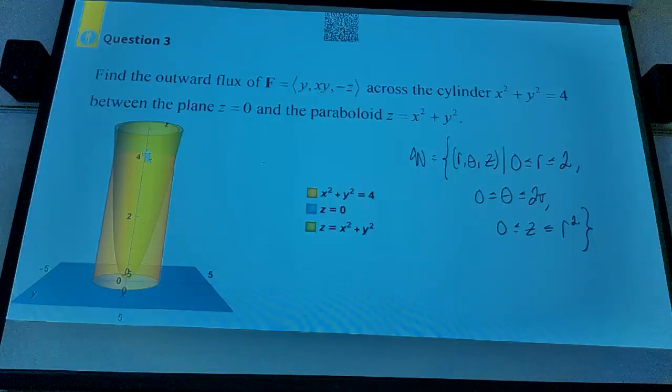Their intersection, right? z equals x squared plus y squared. x squared plus y squared is 4 where they intersect, so z would be 4. Have normal vector 0, 0, r.